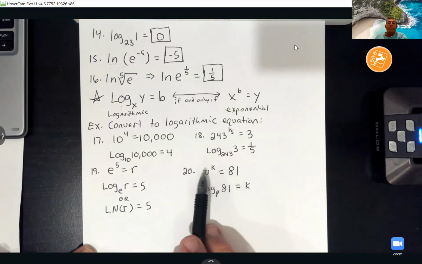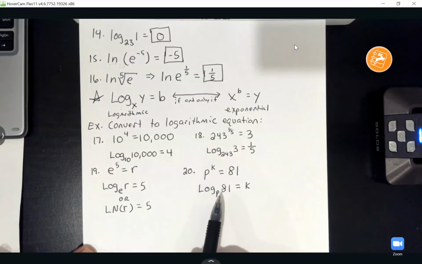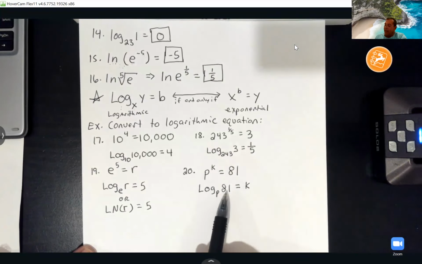That's always so, the result of the exponential goes in here for the result of the log. You just got to get used to this being your result here. So that P to the k equals that 81.